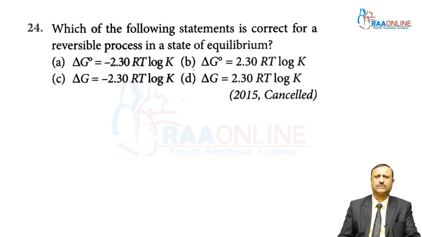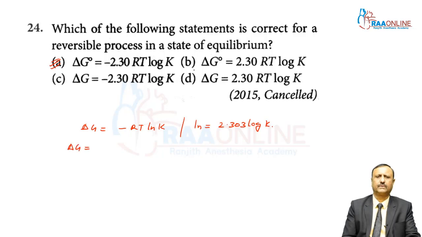Now my dear students, we can go to question number 24. Which of the following statements is correct for a reversible process in a state of equilibrium? In a state of equilibrium, my dear students, you can go to answer A, because delta G is equal to minus RT ln K, and you know that ln is log to the base e, which equals 2.303 log to the base 10.